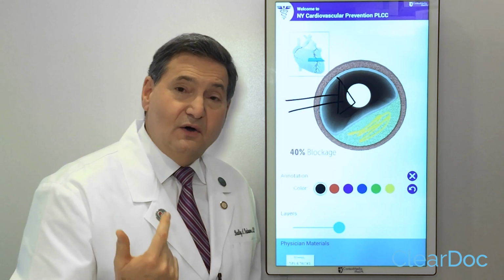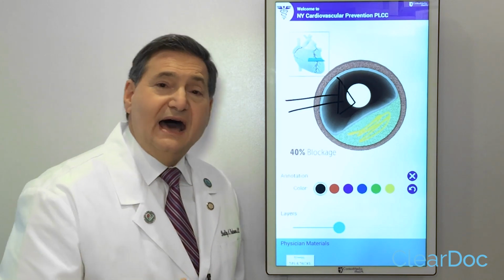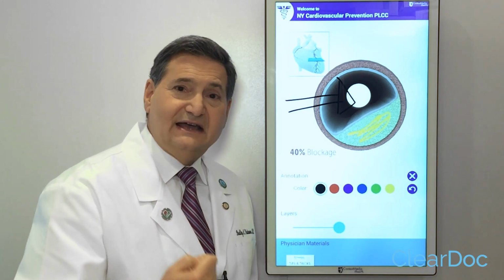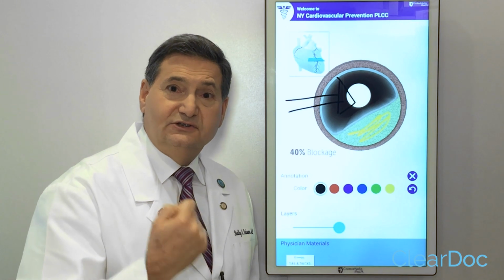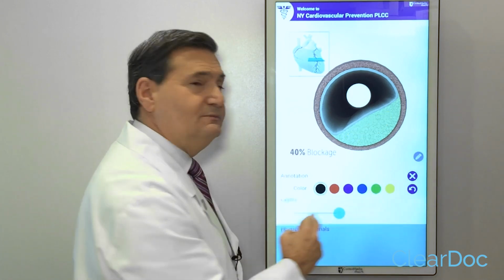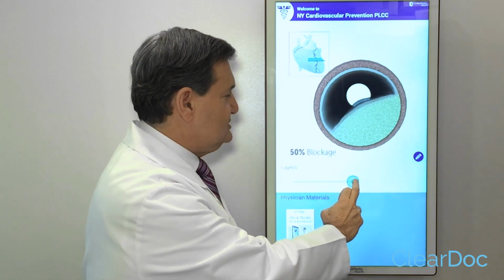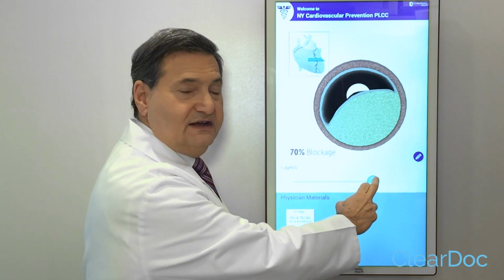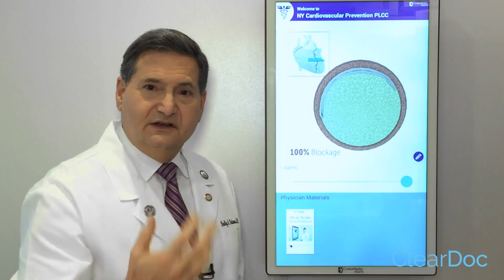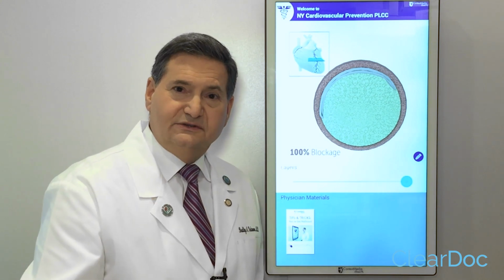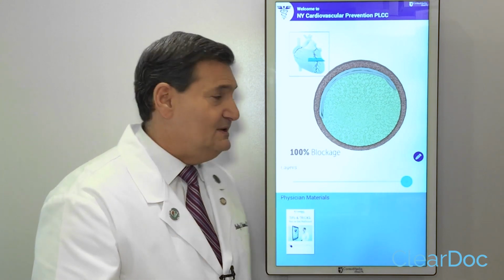What we now know is our old model of what caused heart attacks and heart disease is wrong. Our old model was that there was a gradual buildup of cholesterol, 50, 60, 70, 90%, until the artery was closed. That's not what happens.